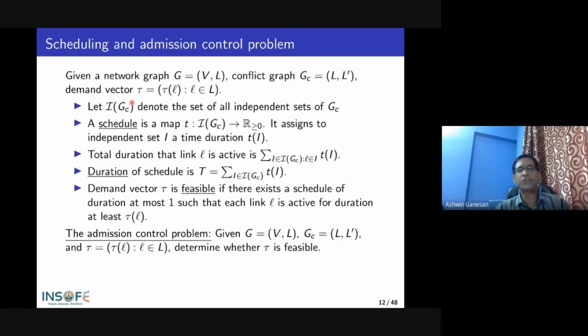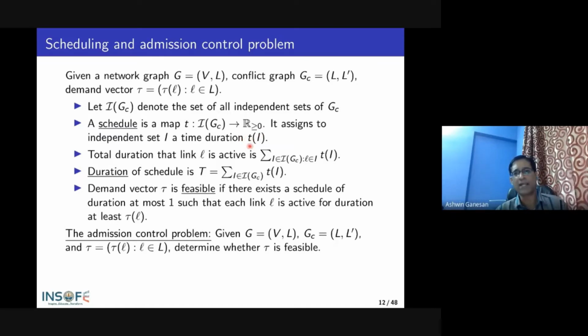Let I of GC denote the set of all independent sets of the conflict graph. So you know that the set of links that can be simultaneously active is an independent set in the conflict graph. A schedule assigns to every independent set I the duration of time that that independent set would be active.